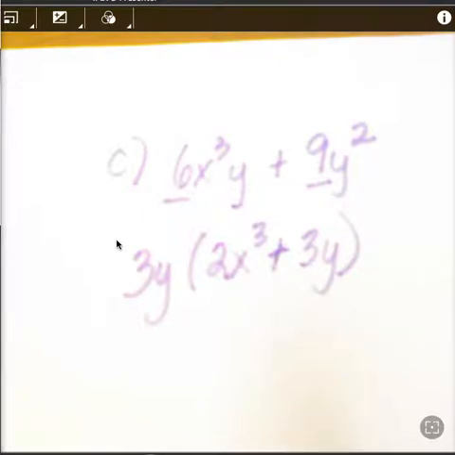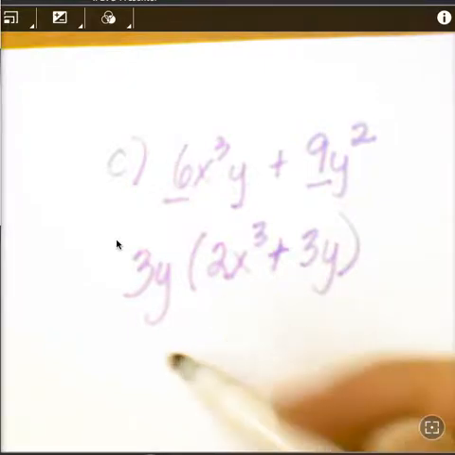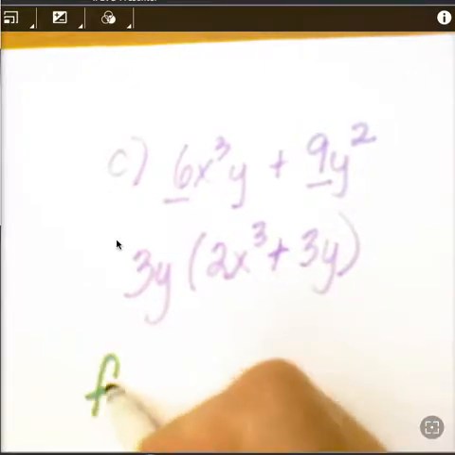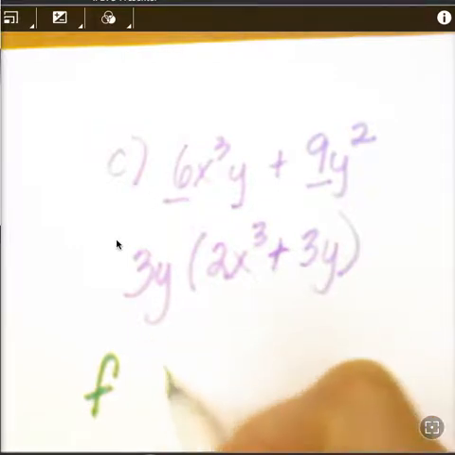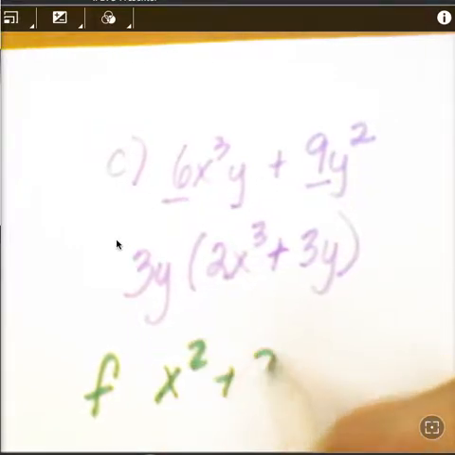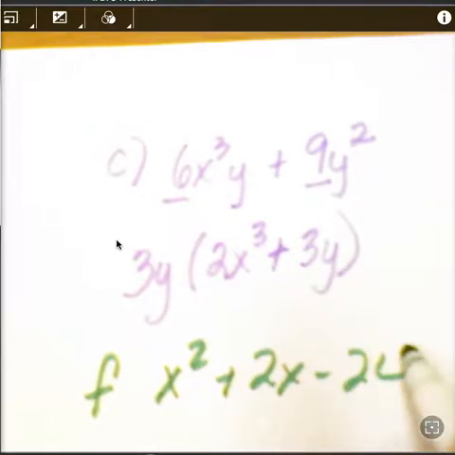Factor each trinomial. So for the second part, for section 2, if you notice, they all have 1 in front of your x squared. So all you have to do is ask your question about factors of your last term that add up to your middle term or subtract to your middle term. For instance, letter F, which says x squared plus 2x minus 24.